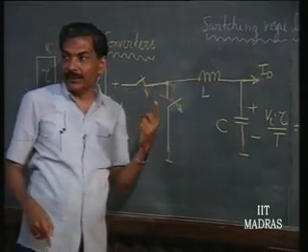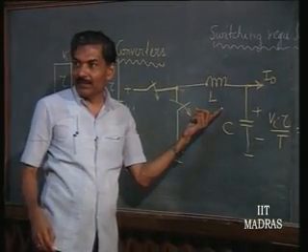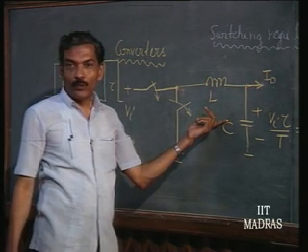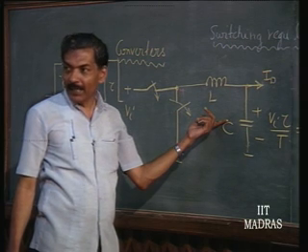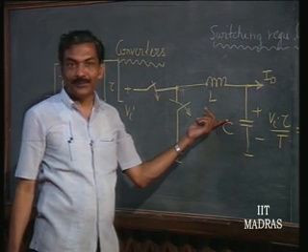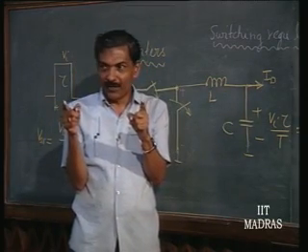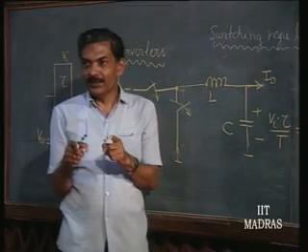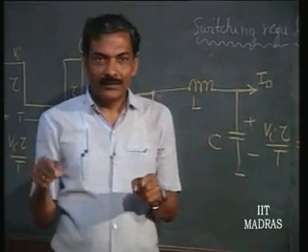So the voltage across the inductor when it is connected to the supply is Vi minus V naught. So what is the current through it? A DC voltage is applied across the inductor of magnitude Vi minus V naught. So the current in the inductor is going to be 1 over L integral V dt.